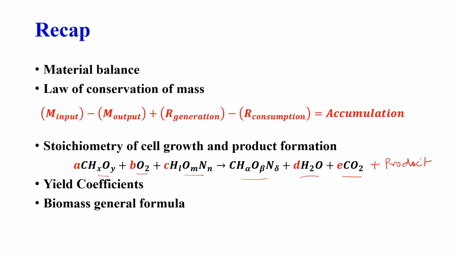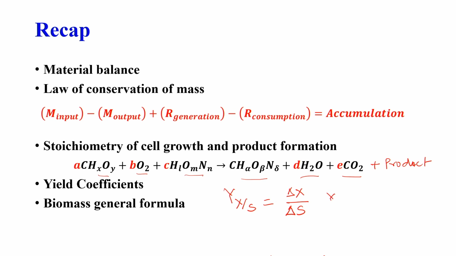Then further we discussed how to calculate the yield coefficient. Yield is defined as Y, and if it says Yx/s, it means delta biomass formed per gram of substrate consumed.